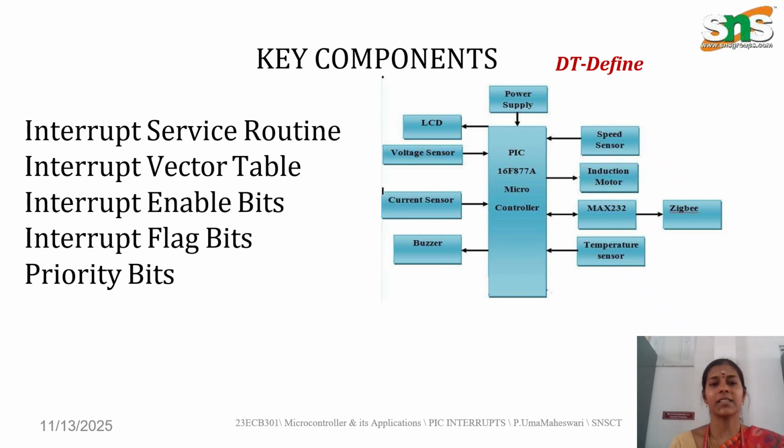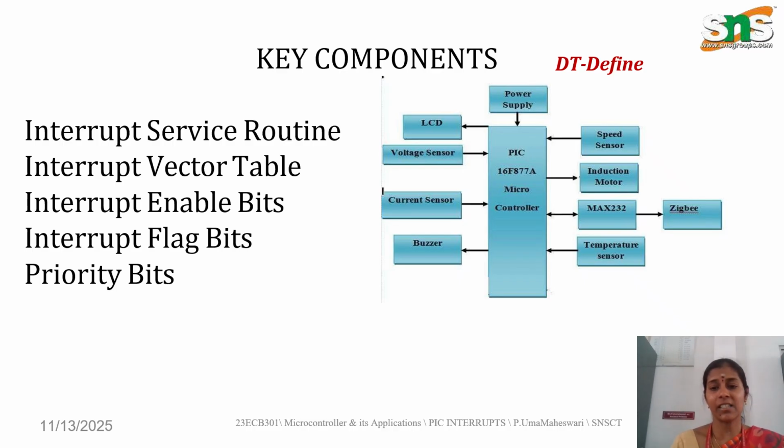Here the key components are the interrupt service routine and the interrupt vector table, also called the IVT. Then there are the interrupt enable bits, the interrupt flag bits, and the priority bits. Here we can see speed control, induction motor, MAX232, temperature sensor, and buzzer. If these happen in the PIC microcontroller, we can go for an interrupt.